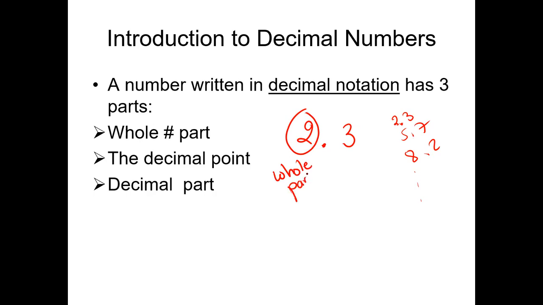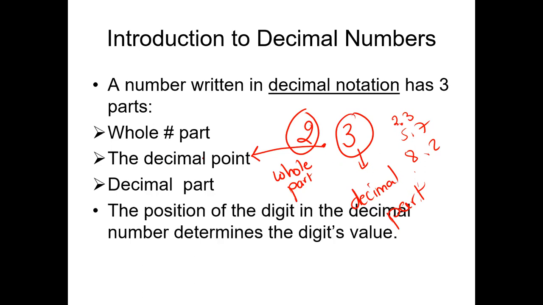The point, we name it the decimal point, and this part we call the decimal part. So the whole part is always to the left side of the point. This left side is the whole part. The right side is the decimal part. The point we call the decimal point.